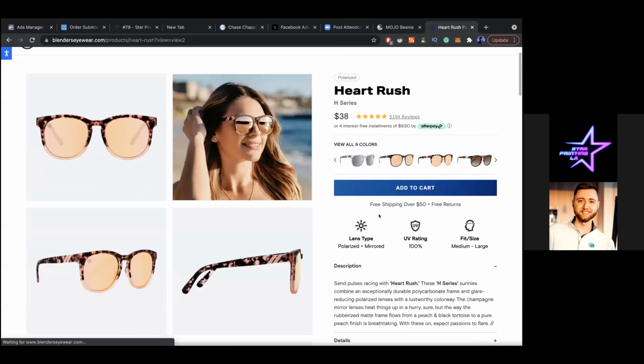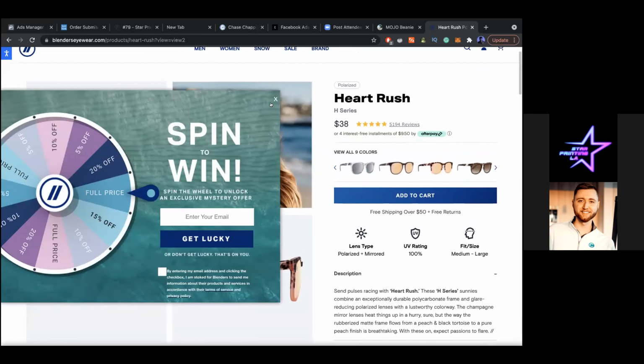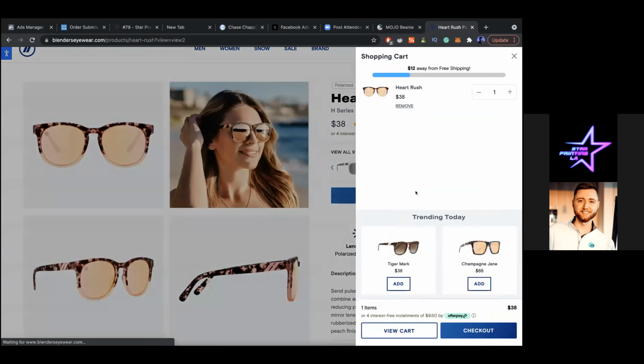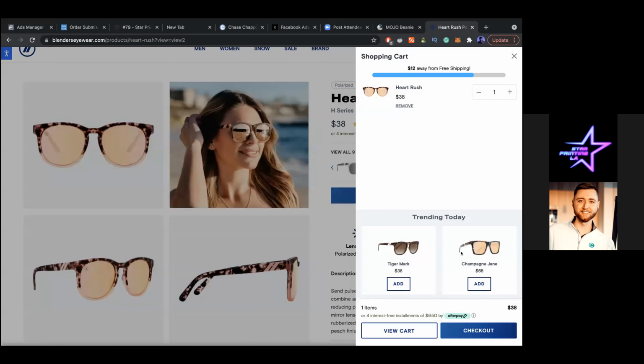So go ahead and add to cart. See that? Right here. And then look at the top, $12 away from free shipping. And look at the very bottom, Afterpay as well. So people can justify adding more to cart. So hit add. And now go to checkout.